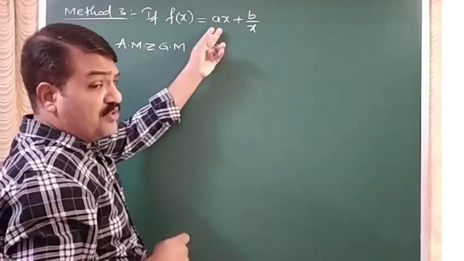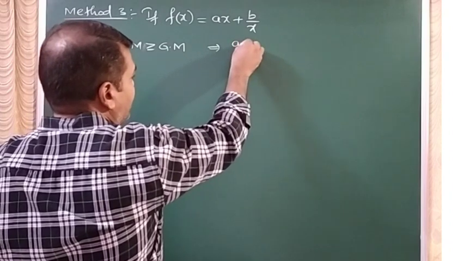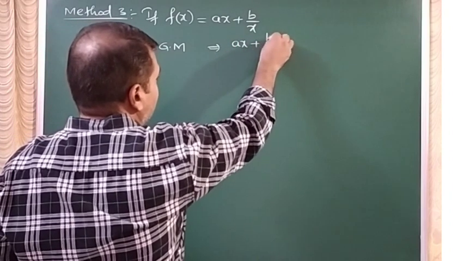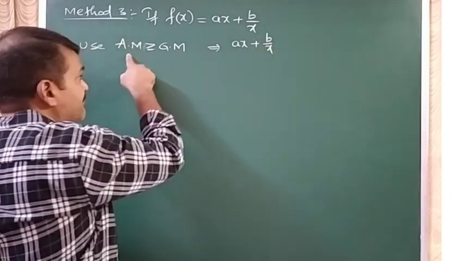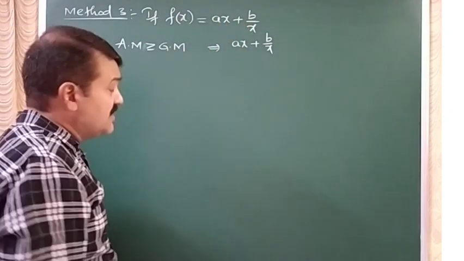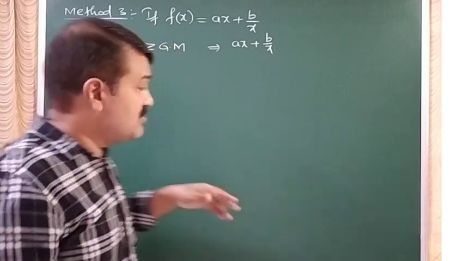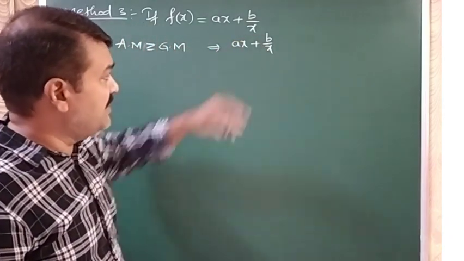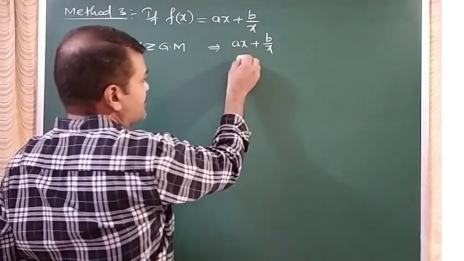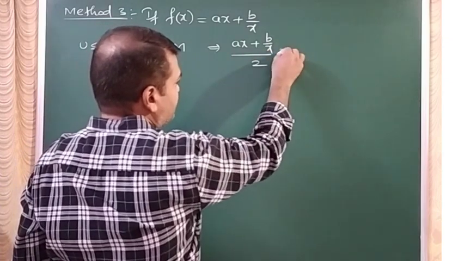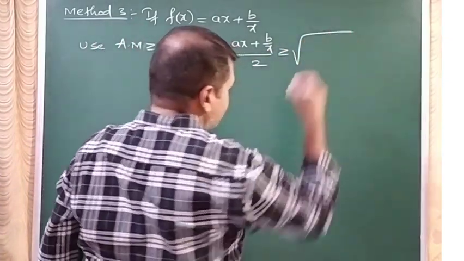So let us take these two terms. If I take ax as one term and b by x as the other term, what is the AM for these two terms? AM is always the sum of the terms by the number of terms. And what is GM?